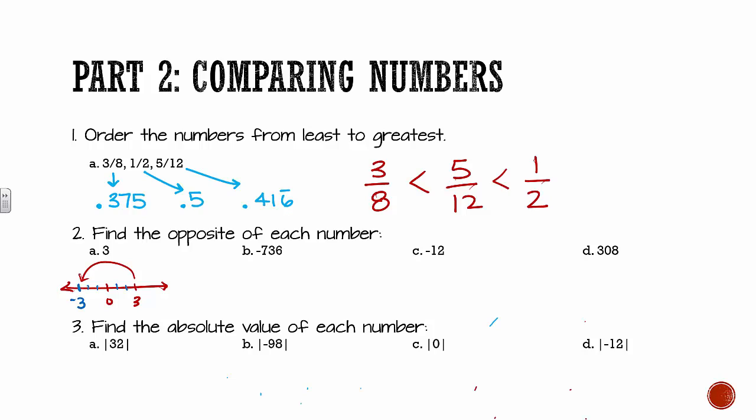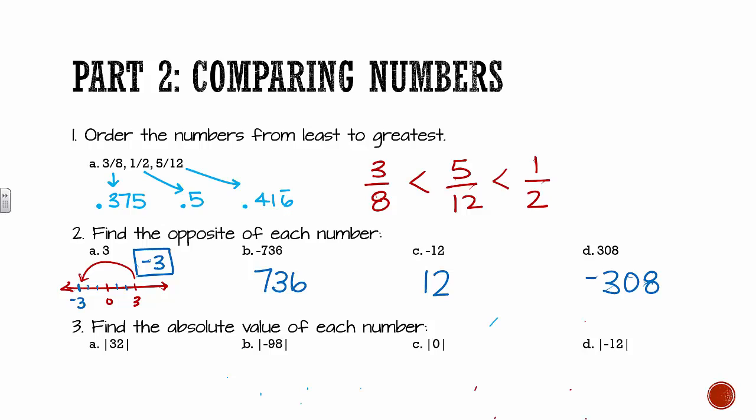And we're at -3. So the opposite of 3 is -3. I'm not going to draw this one out, but if I was to go 736 spaces on the other side of 0, we would get positive 736. -12. If I go 12 spaces from 0, I get positive 12. And 308, I would get -308.